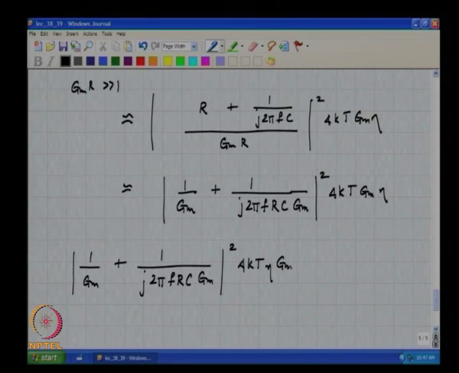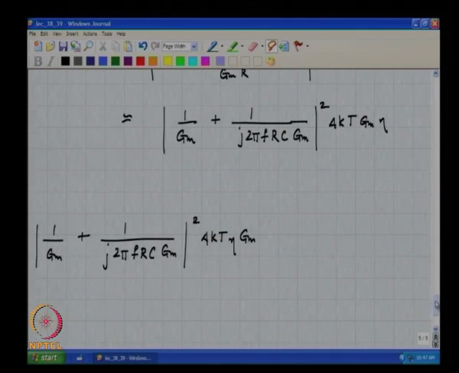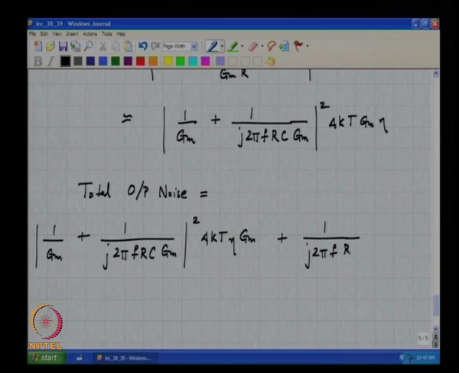This is the noise contribution due to the OTA, plus we need to add to this the noise contribution due to the R, plus the integrated transfer function, which is 1 by J 2 pi F R C times GmR by 1 plus GmR the whole square to 4 kT.